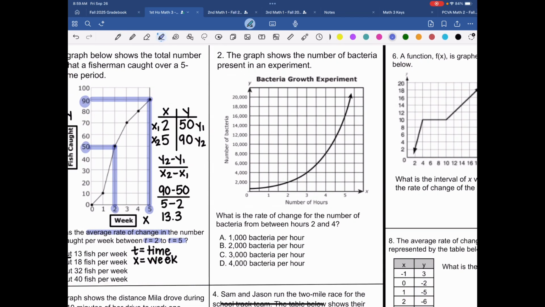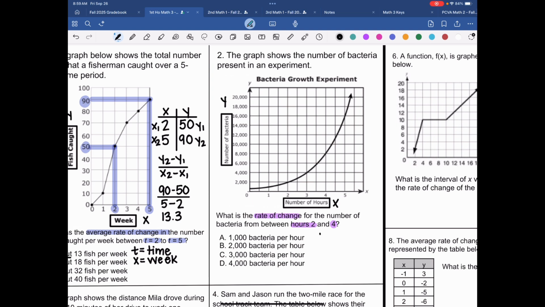So it says the graph below shows the number of bacteria present in an experiment. They want us to find the rate of change between hour 2 and 4. So again, at the bottom, our number of hours is our x, and the number of bacteria is our y.